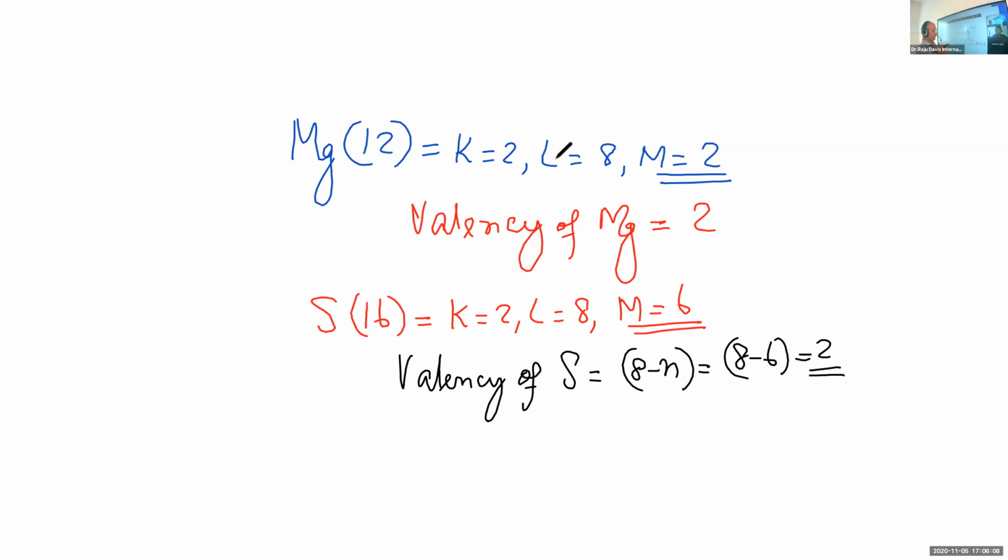And I have defined valency in another way also. That is the number of electrons lost from one atom of the metal, or the number of electrons gained by one atom of the non-metal, or the number of electrons shared between atoms.